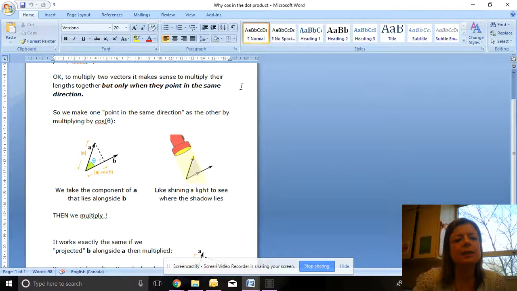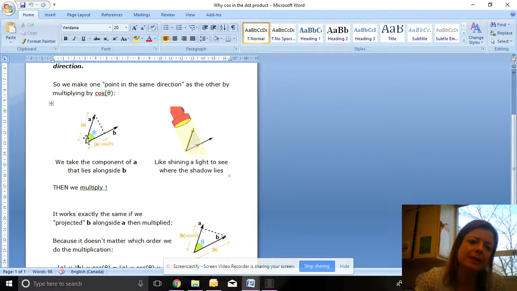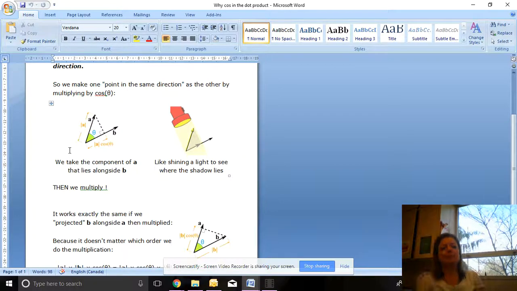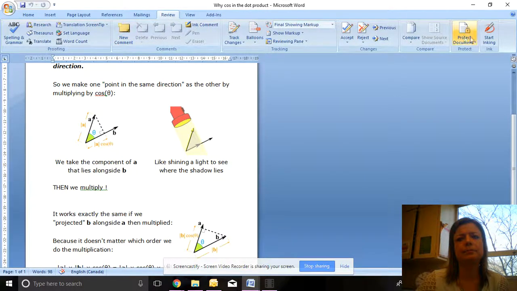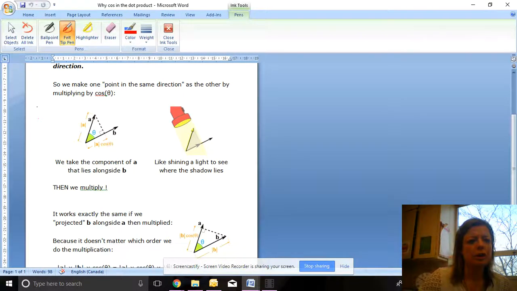So cos theta comes from taking this vector A and putting it alongside B. It's like taking a flashlight and asking, what kind of shadow does this make on the other vector? If you use SOHCAHTOA, this can make more sense. This is the right triangle that they're showing here.